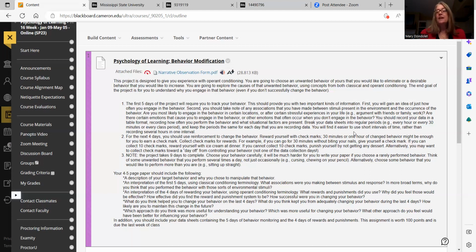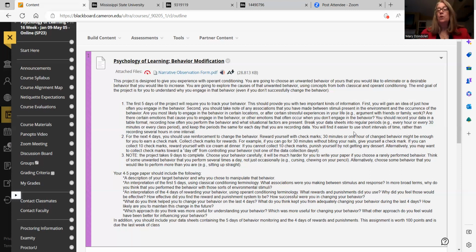Then for 4 days, you're going to implement the plan, and you're going to complete the narrative observation form again for the 4 days that you're implementing this behavior modification plan. So again, each time you perform the behavior, you'll let us know what you were thinking and feeling and where you were and what was going on before the behavior, what the behavior was like, and the consequences of the behavior, what you were thinking and feeling, what happened after it.